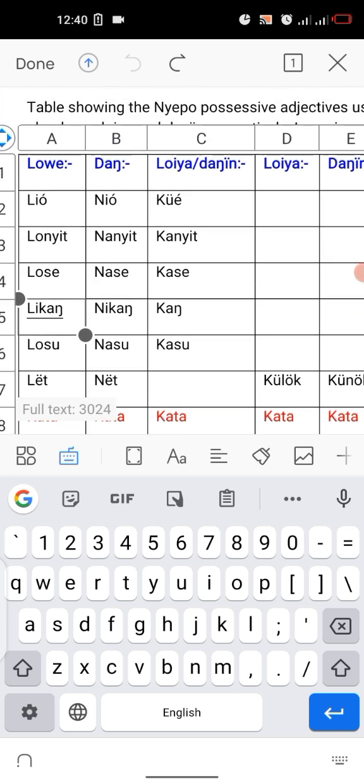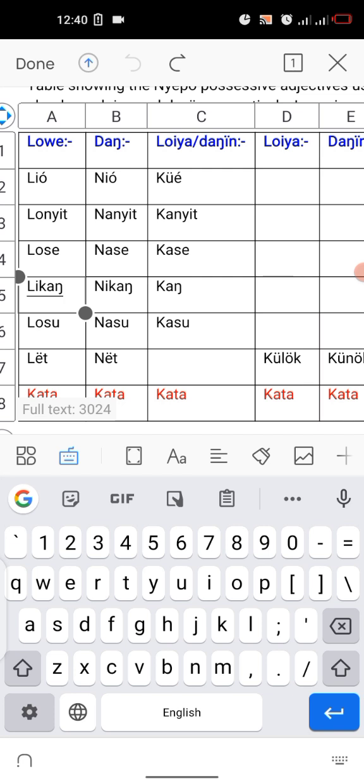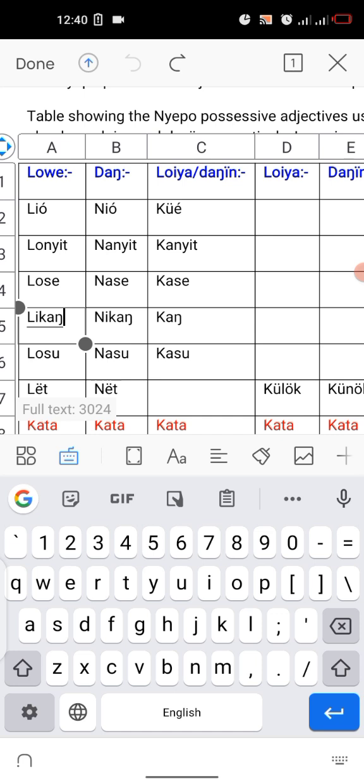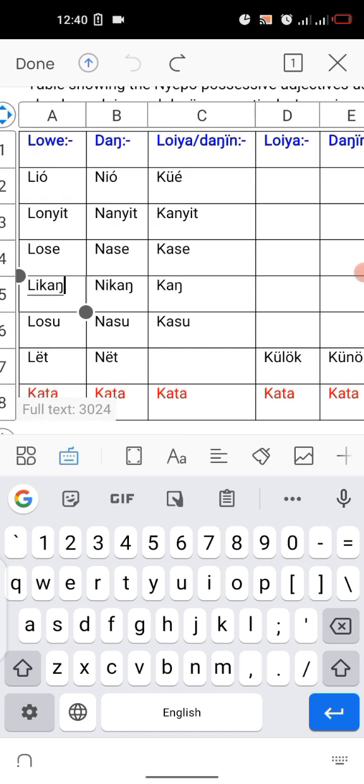If you want to say my arrows or my bows, lawyer kanyit or dangin kanyit. If you want to say my arrows or my bows, lawyer kase or dangin kase.